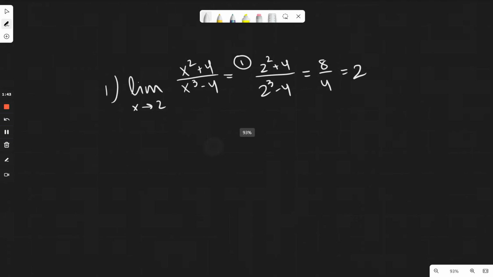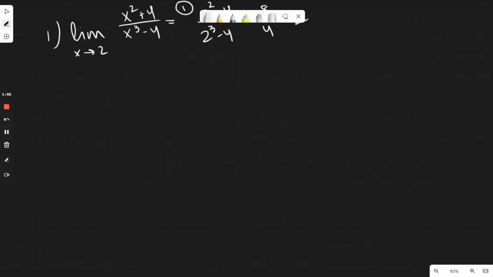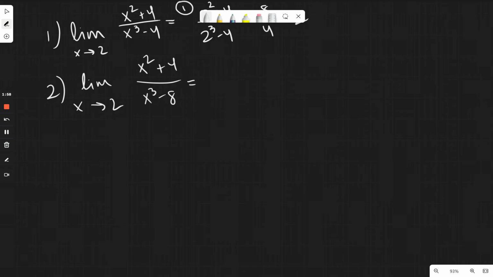Alright, let's try another question. And again, we're going to start with direct substitution. What is the limit as x approaches 2 of (x squared plus 4) over (x to the third minus 8)? And if you notice, we're starting to see a little problem in our denominator because 2 to the third is 8, and so we end up with 8 over 0.